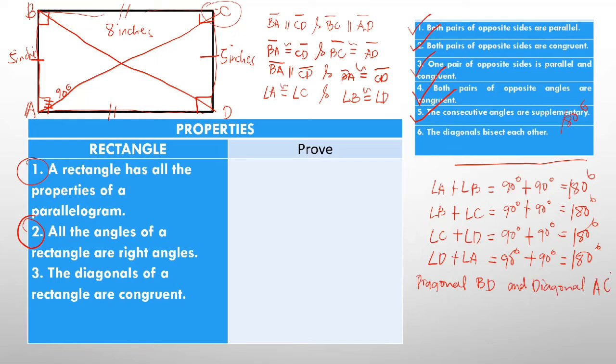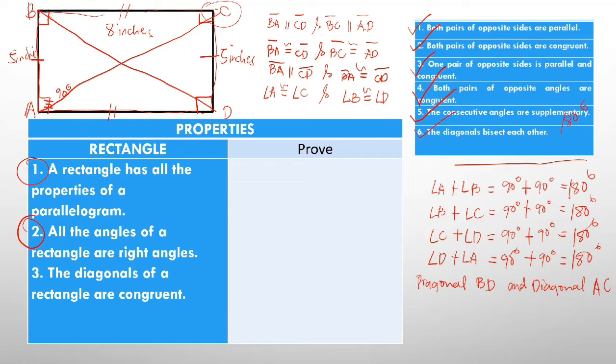So, sa diagonal natin, yung diagonal BD natin ay binisect niya or hinati niya into equal parts si diagonal AC. And si diagonal AC, hinati niya or binisect niya into equal parts si diagonal BD. So, therefore, the diagonals of our rectangle bisect each other. So, nakita natin si property number 6 ng parallelogram kay rectangle.